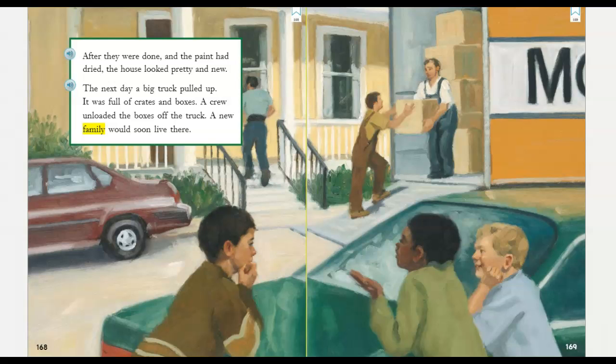The next day, a big truck pulled up. It was full of crates and boxes. A crew unloaded the boxes off the truck. A new family would soon live there.